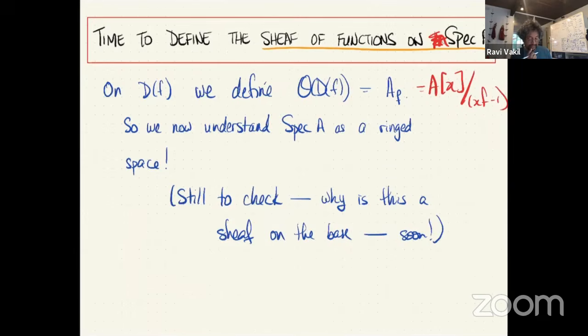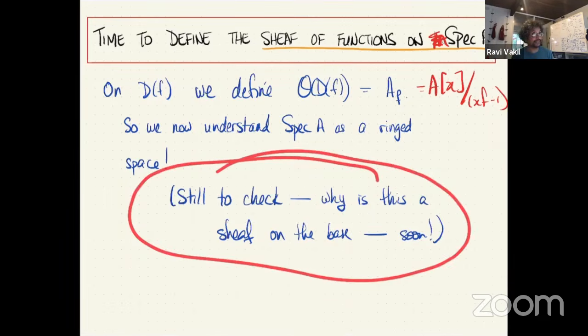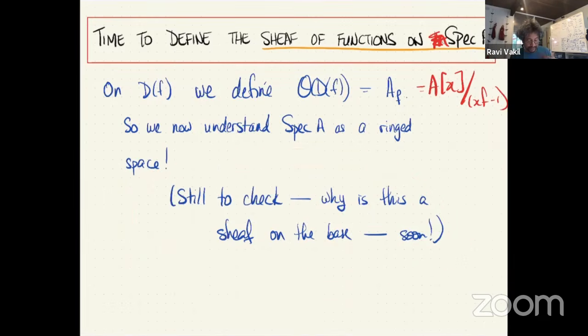And that will be enough to understand it as a ring space, because we know the sections over the basic open sets, we know how to restrict. And so now we can just go and compute stuff. And I should say, we still need to check that this gives us a sheaf. What that means we have to check is that it's a sheaf on this base of the topology.